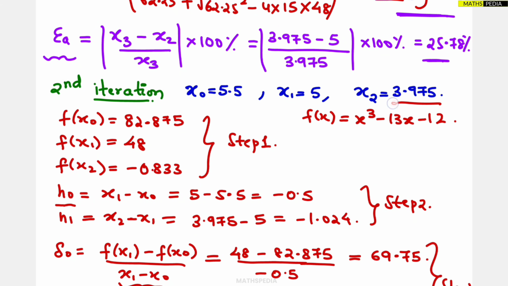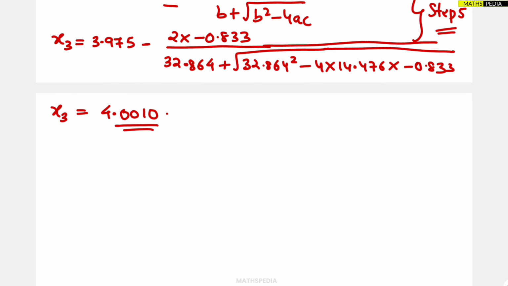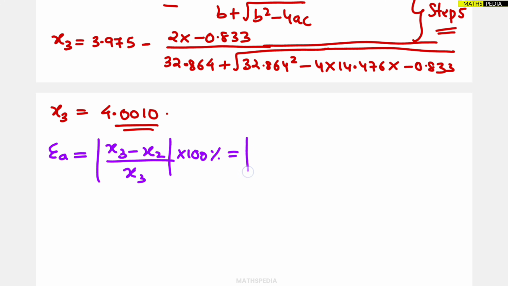Always remember, we calculate with respect to the last value, don't get confused, because that is going to be replaced, right? Here epsilon A, the absolute error, we are going to calculate again: x3 minus x2 divided by x3 into 100. Now what is the x3 value which we have got now? 4.0010 minus the x2 value. The x2 value is this one, right?